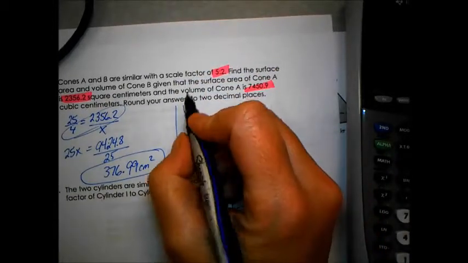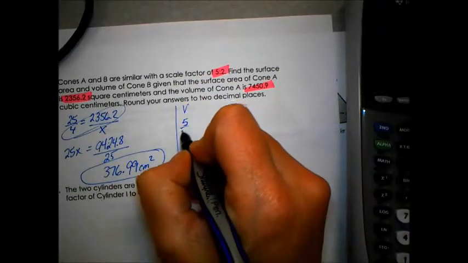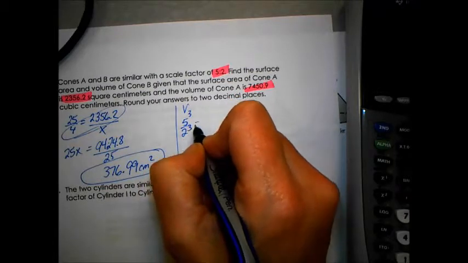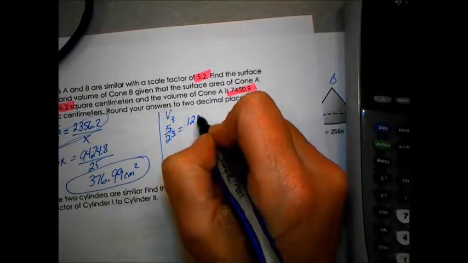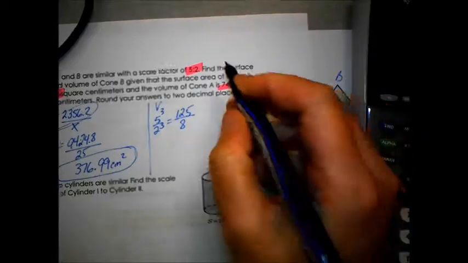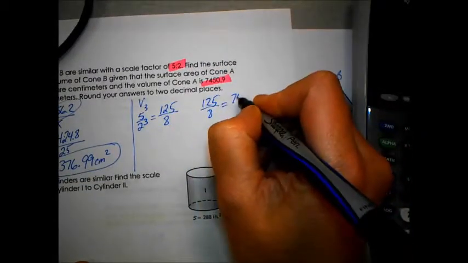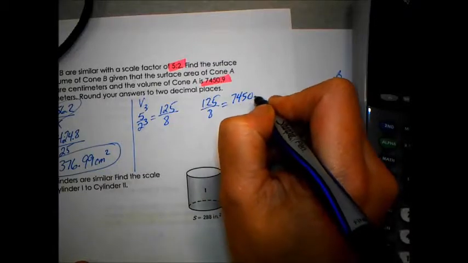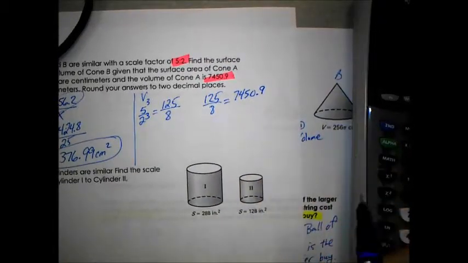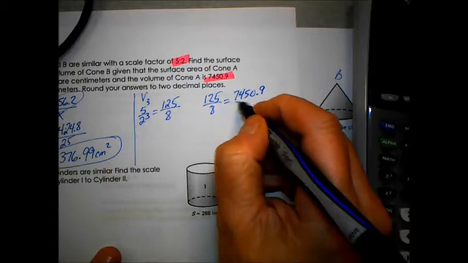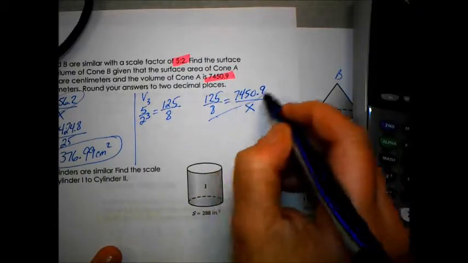If I go into the volume ratio, that means I'm going to take the 5 and the 2 and now cube them. That means this will be 125 over 8. So if I use this ratio, plug in your 7,450.9 over X, cross multiply.